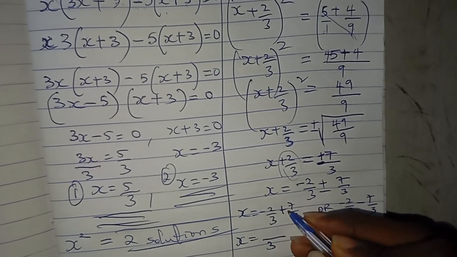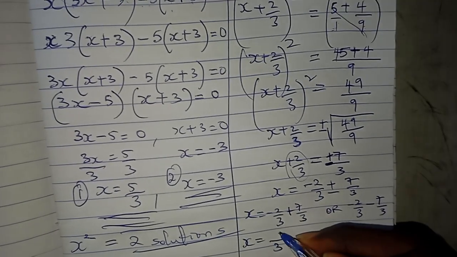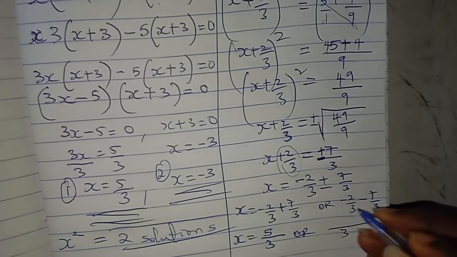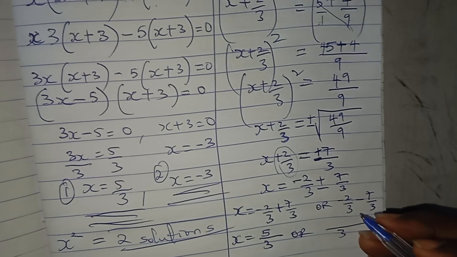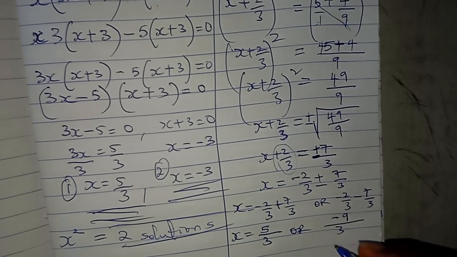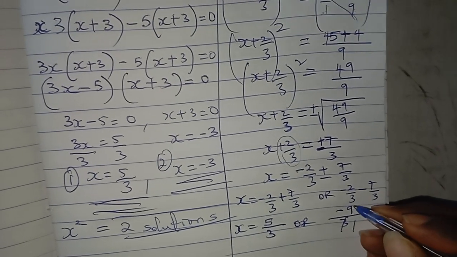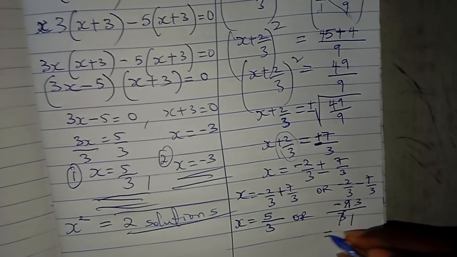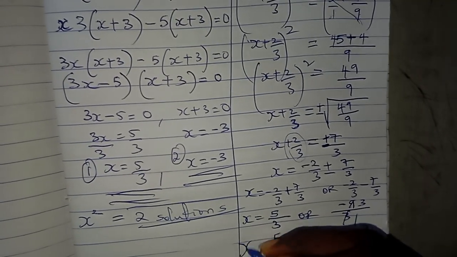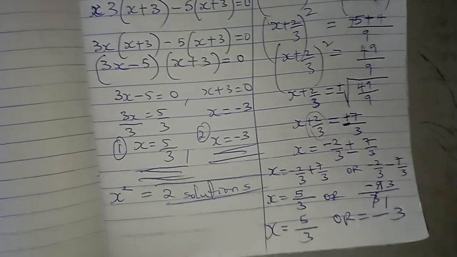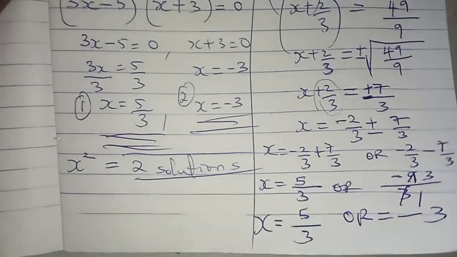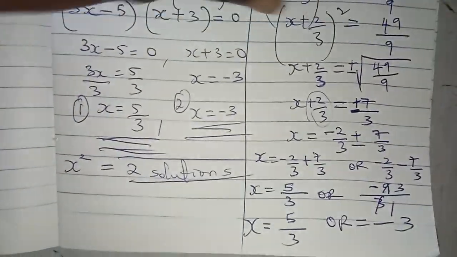Minus 2 plus 7 is 5, or minus 2 minus 7 is minus 9, all over 3. So notice that 3 can go here 1, 3 goes here 3. Which gives me minus 3, or 5 over 3. So you see, I prefer using completing the square method. I have the same answer.